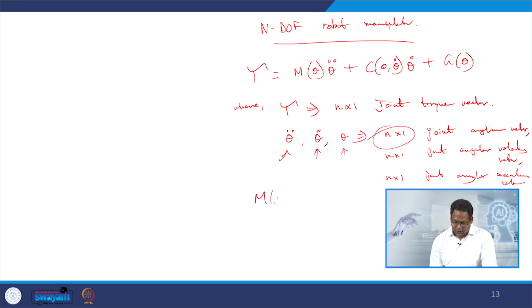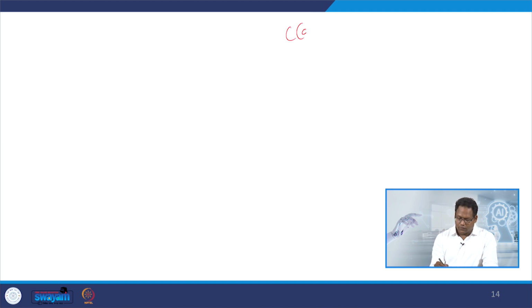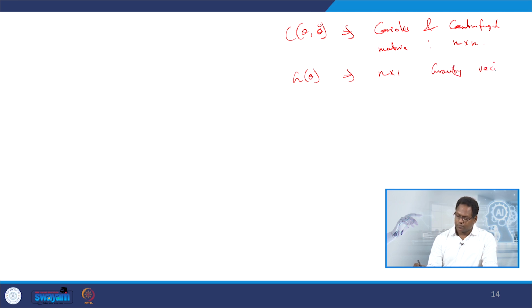And M of theta is an n cross n matrix called the mass matrix or inertia matrix. And C of theta comma theta dot represents the Coriolis and centrifugal matrix, which is of size n cross n, and G of theta is an n cross 1 gravity vector.